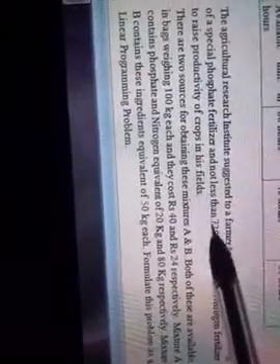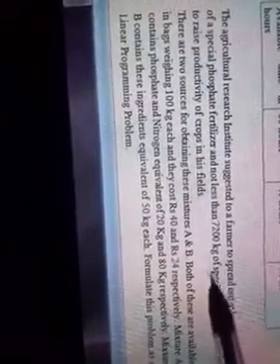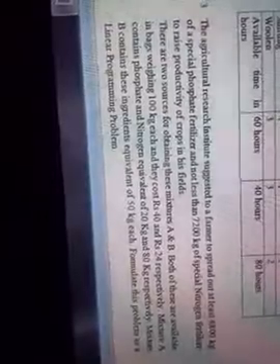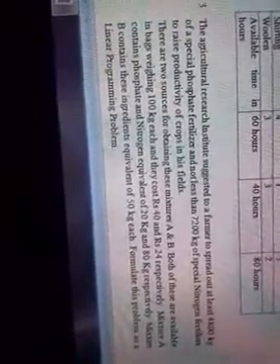Here it is given at least 4800 kg, and here not less than 7200 kg. So the minimum requirement is 7200 kg, and at least 4800 kg is required. Maximum, you can put more than this.